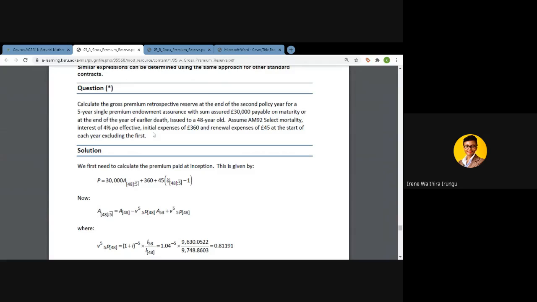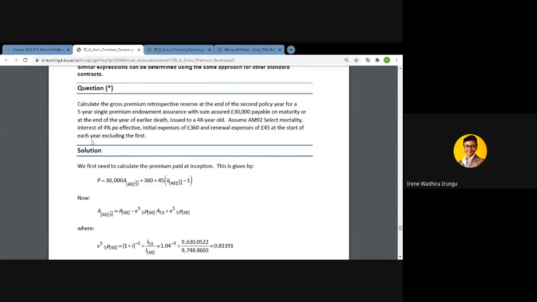So we now start attaching the expected present value of expenses. So we have the initial expense. We have it as 360. So that 360 was incurred at the start of the contract, and therefore its present value at that point is simply 360. So we do not discount it with any a-due whatsoever. We continue. So renewal expenses of 45, which start at the start of each year.